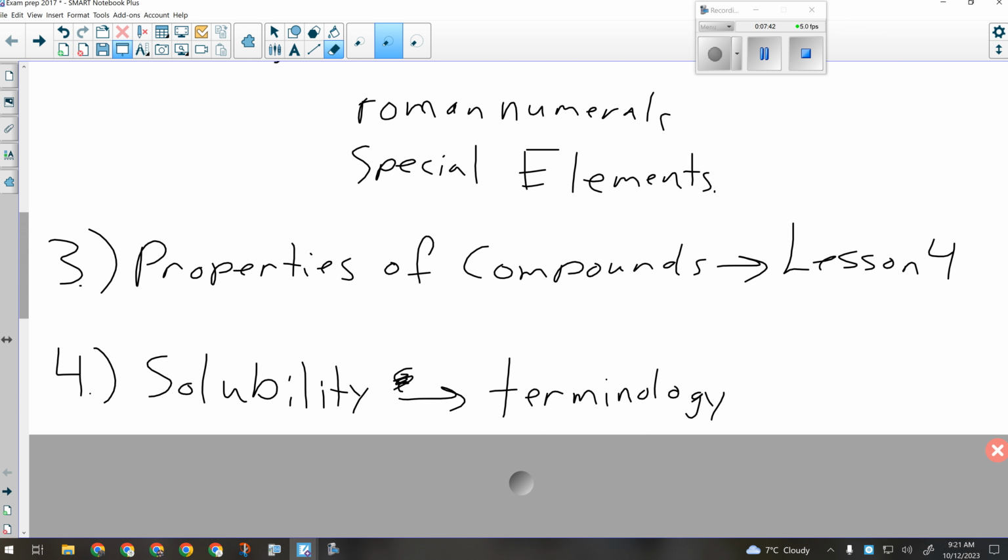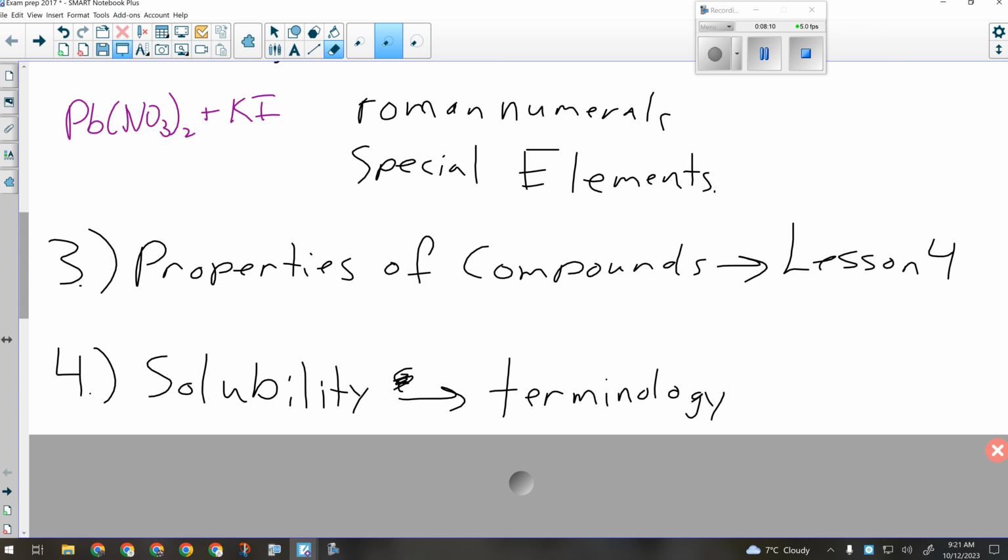And they will work very much like what you were asked to do in your reactions lab. I could give you a reaction and ask which, if any, of the products would be soluble. So I say these two things react, and which, if any, of the products would be soluble?